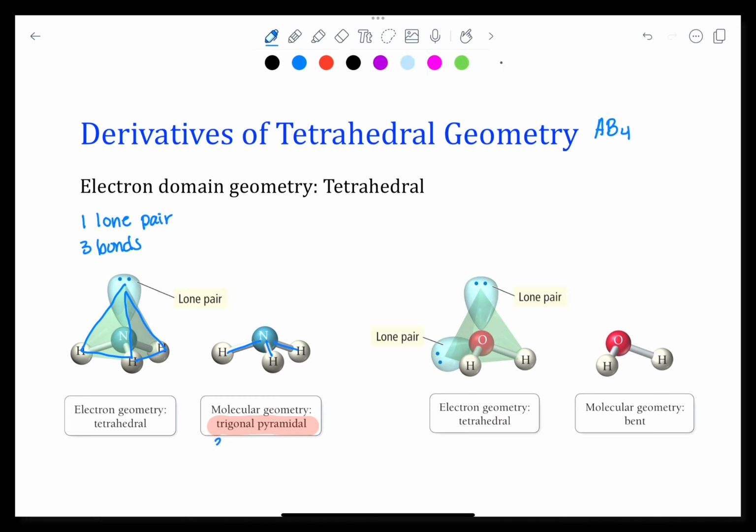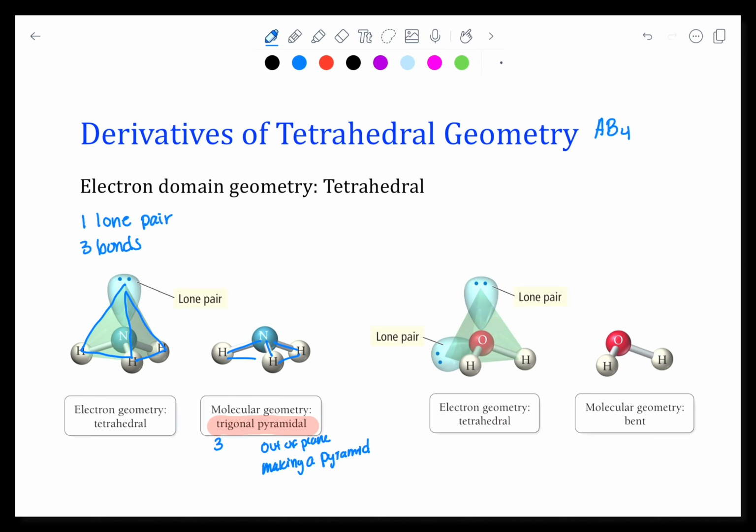Trigonal still meaning 3, there's 3 bonds that are playing a role. Pyramidal, for this, means that they are out of plane, making a pyramid. They kind of make a little pyramid there. It's smaller in comparison to the other ones that we looked at, but it's still a pyramid because they're coming out of plane. So that's one lone pair.